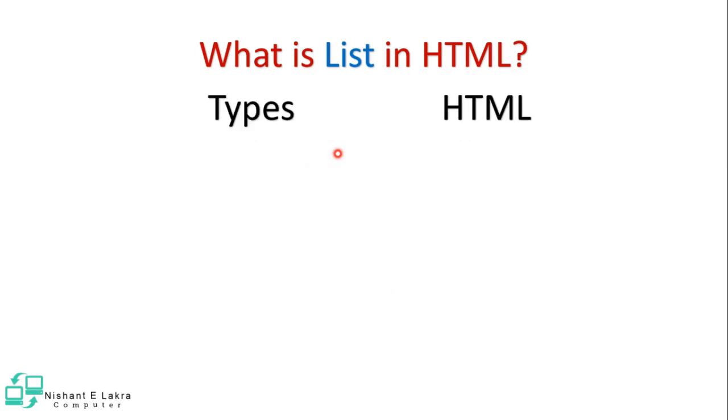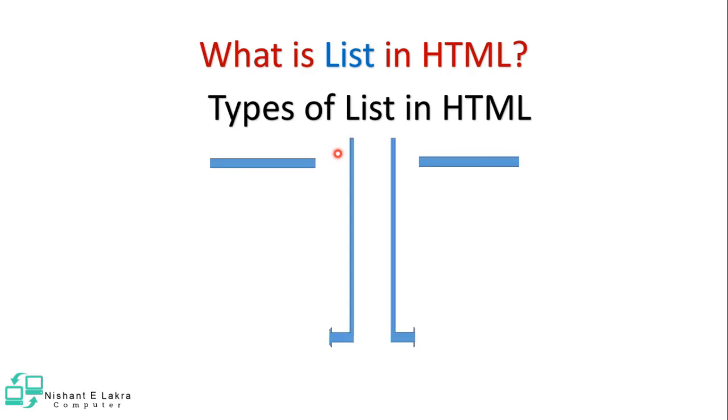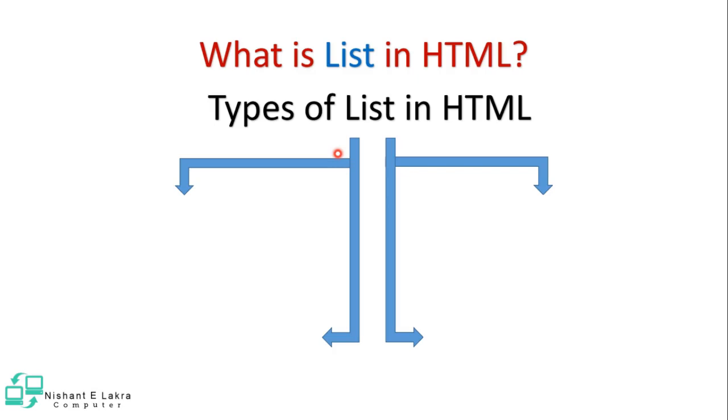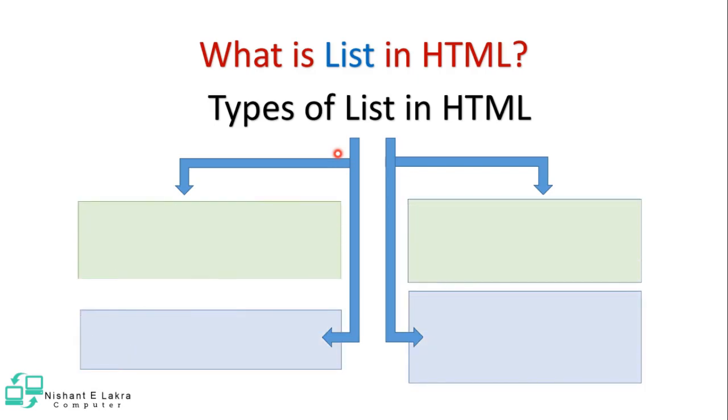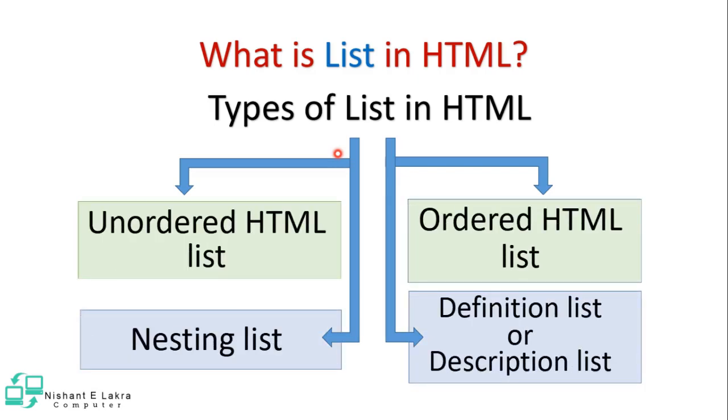Okay, so when we are understanding what a list in HTML is, let us also understand the different types of lists in HTML. There are basically 4 different types of lists in HTML. The first one is the unordered HTML list. Now, the first two that you see, unordered and ordered HTML list, are the more common types of list in HTML.